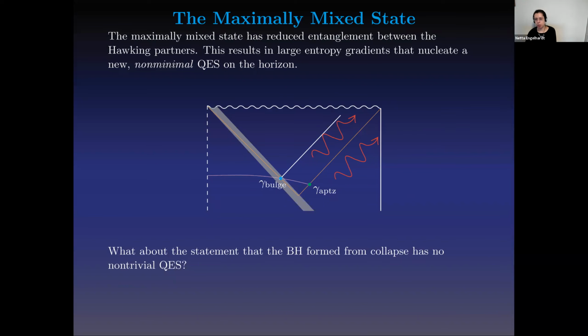So we have just enough control to actually figure out that there's an appetizer surface here, there's a bulge surface here, and that later we have a past singularity and potentially a horrible mess. But that's actually what allows us to have a non-trivial quantum extremal surface here. Because this non-trivial quantum extremal surface means there has to be a past singularity, and we do find one, and it is caused by this disentangling of modes, which results in this terrible catastrophe in the past.